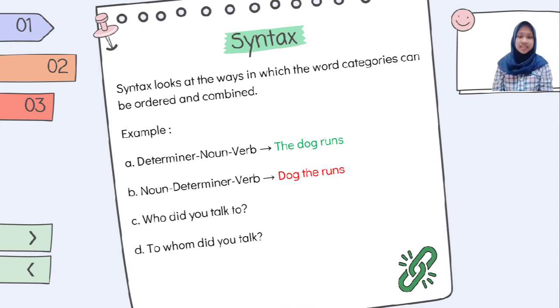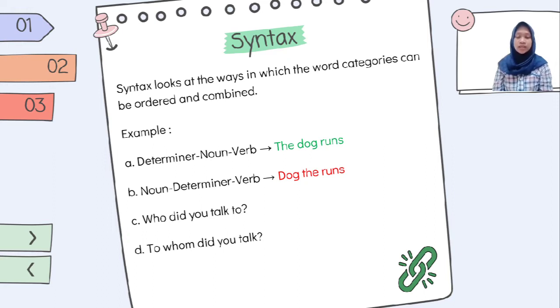Syntax. The study of syntax, therefore, looks at the ways in which the word categories can be ordered and combined. This means that we look at the order or distribution of those categories. For instance, we can see that the example determiner, noun, verb, the dog runs, is a sentence that a speaker of English could produce.